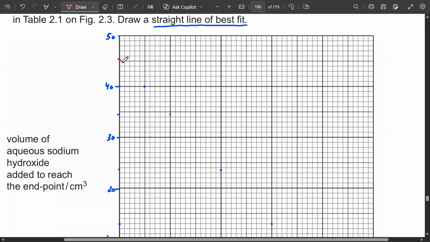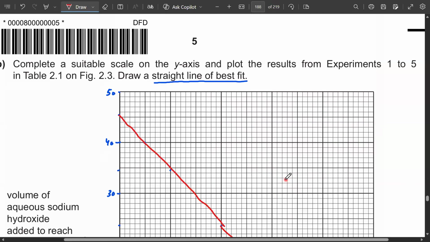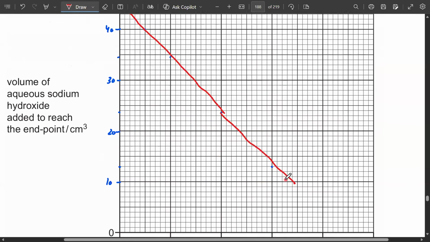It will move like this. Okay, so this is the best I could do.